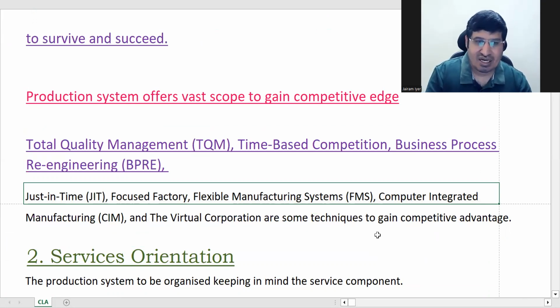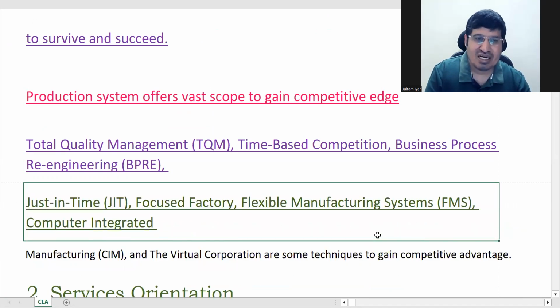Now, just-in-time inventory is one more thing. If you want to manufacture something and you are keeping a godown, then you are wasting that much space and money on the godown.